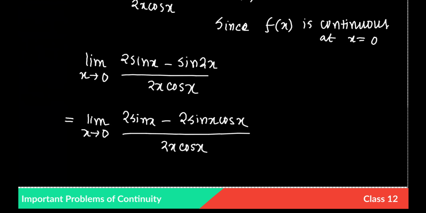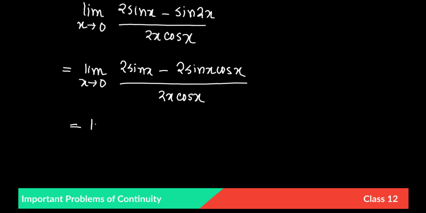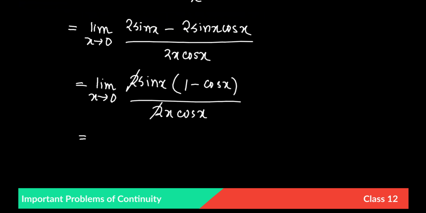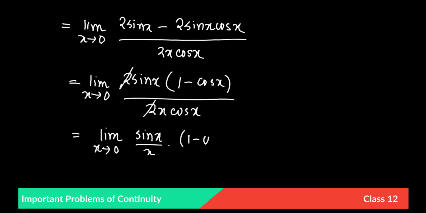Now 2 sin x will be common, so if we write this in a proper way, it is limit x tends to 0 of sin x by x into (1 minus cos x) by cos x.